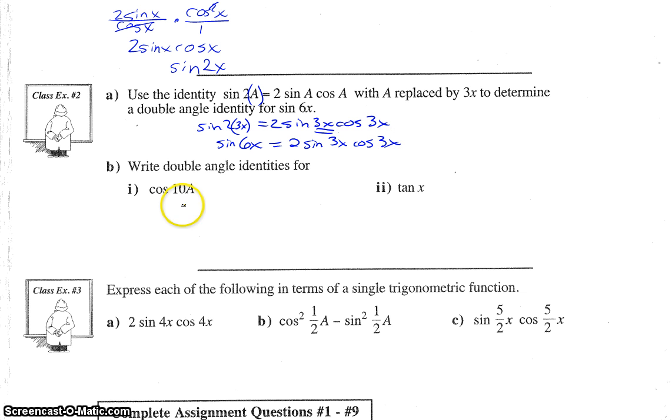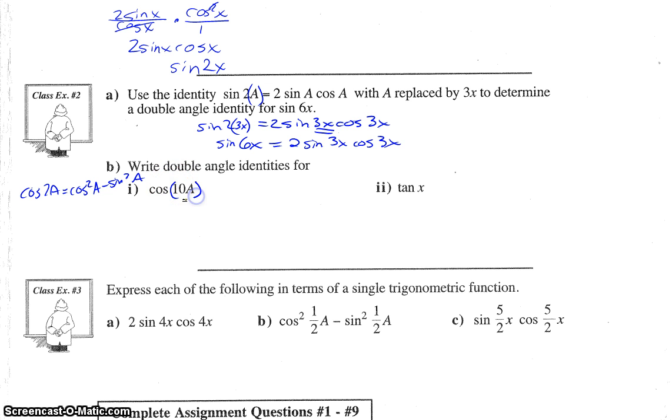Okay, so let's look at writing double angle identities for cos 10a. We know that cos 2a is equal to, well, there are a few we could use here, but let's say we use the first one, cos squared a minus sine squared a.